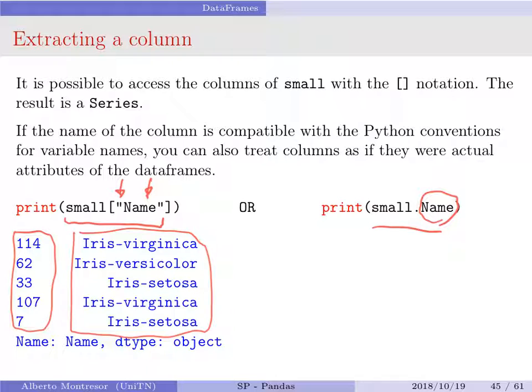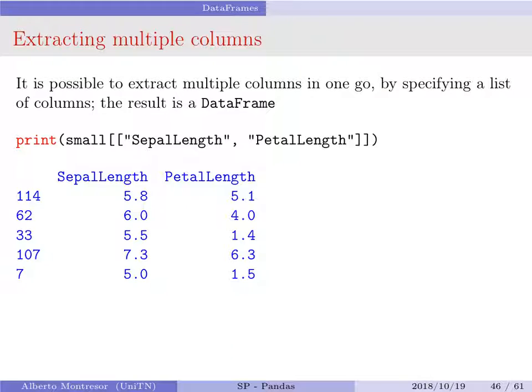Okay, you get exactly the same result. And so this makes it, apart from the name small, which is not really significant, this is significant because you can work on your data frame saying, I want to compute everything about sepal width, and you can do it by writing dot sepal width, which is good.